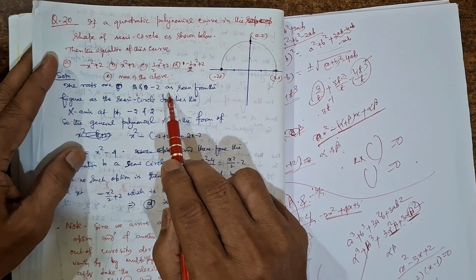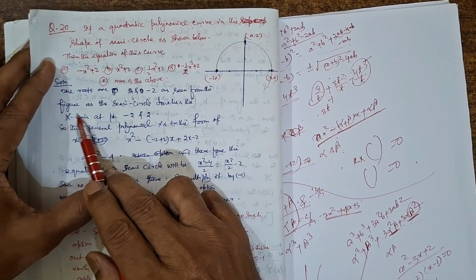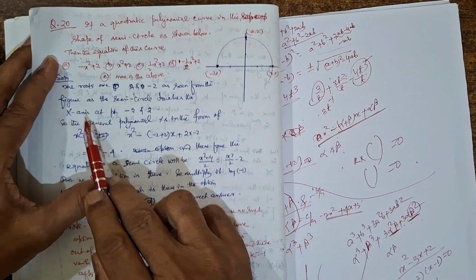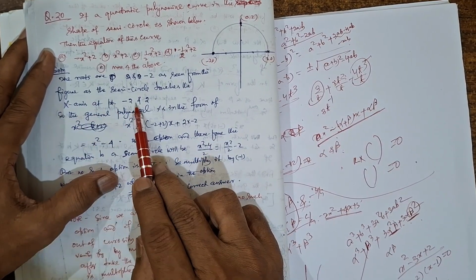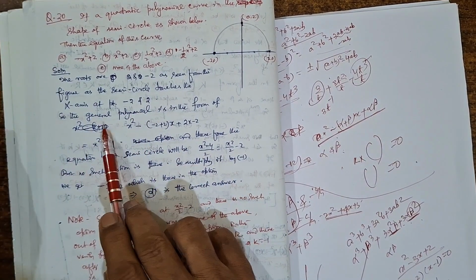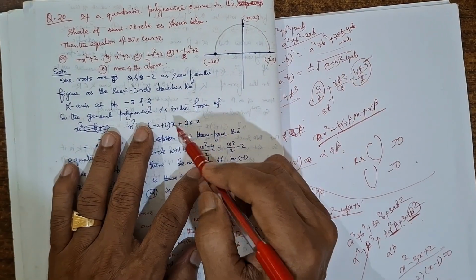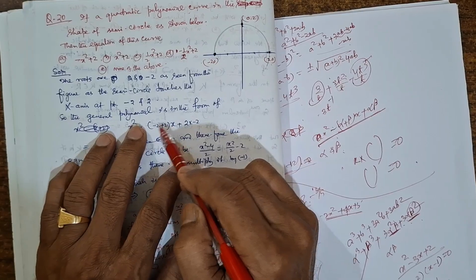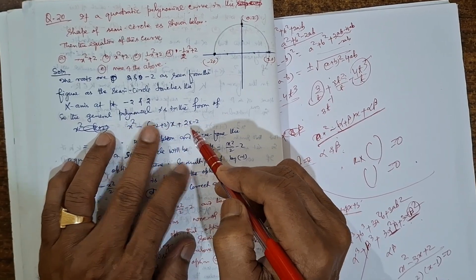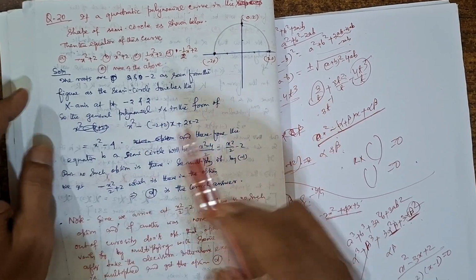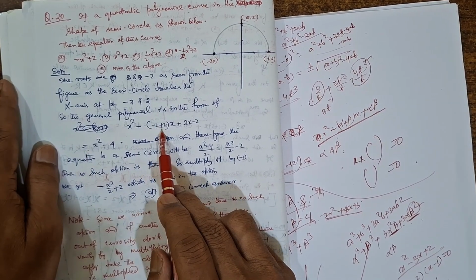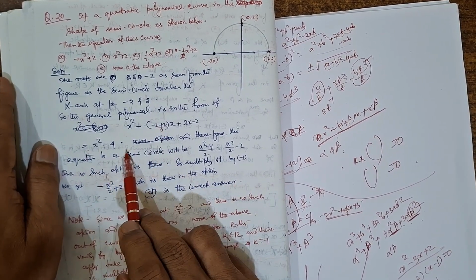As seen from the figure, the semicircle touches the x-axis at points minus 2 and 2. So the general polynomial is in the form, we have known, x square minus (alpha plus beta)x plus alpha into beta, which is 0. This will be x square minus 4.